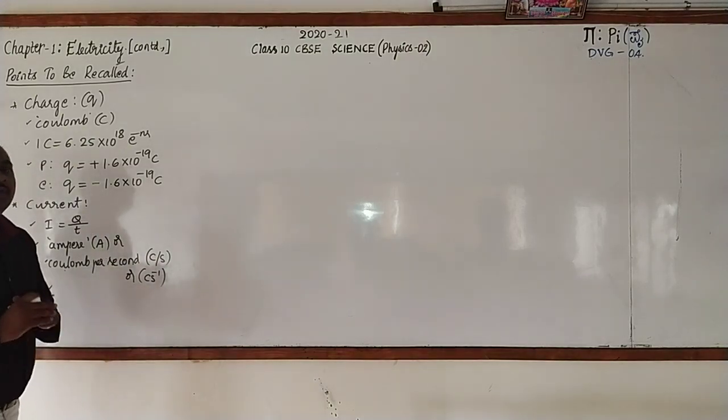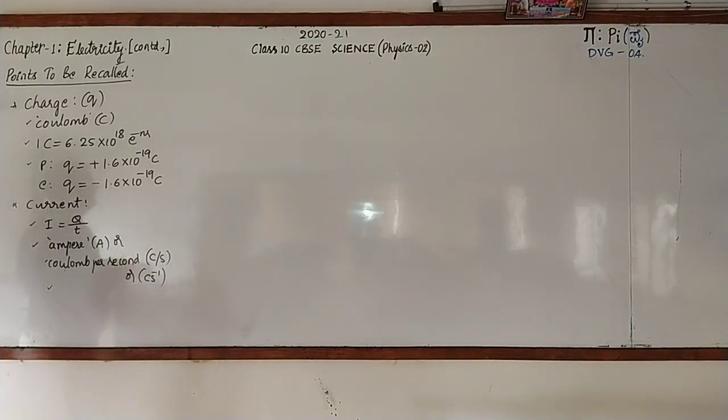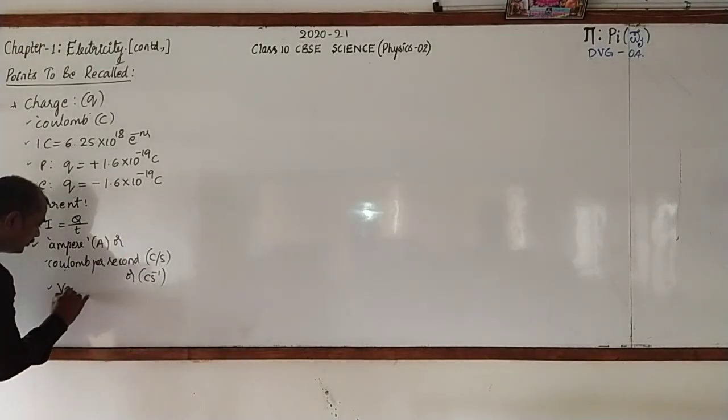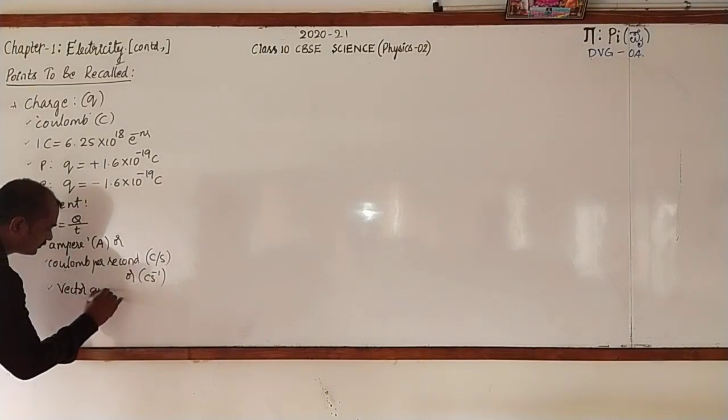And we know that as it is a measurable quantity, we can call it a physical quantity. What type of physical quantity is it? Electric current has both magnitude and direction, therefore it belongs to vector quantity.